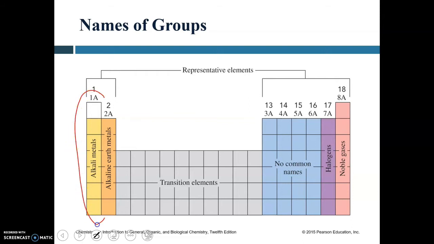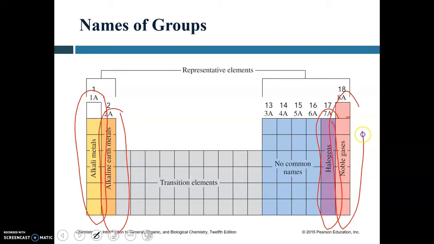The first group of representative elements, 1A, is commonly named alkali metals. Group 2A is named alkaline earth metals. Group 7A is named halogens, and group 8A is named noble gases. Groups 3A through 6A actually do not have common names.